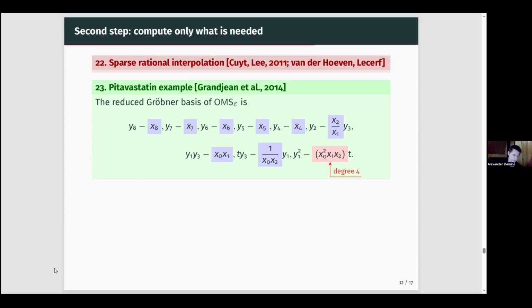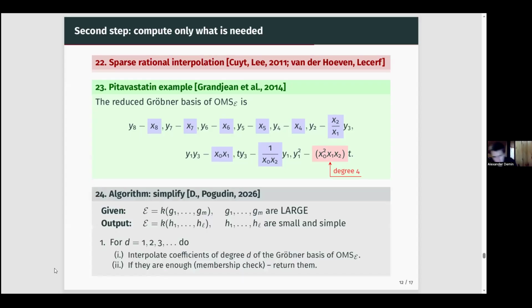All right. So the new algorithm that we propose is the following. The specification is the same as we have seen before. We accept some large generating set and we produce some smaller one.